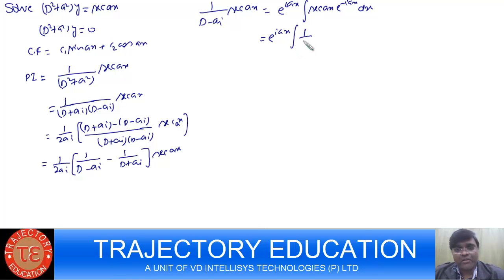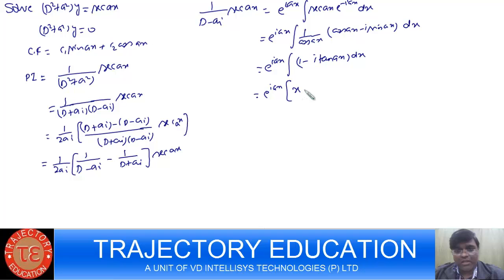So this comes out to be e^(iax) ∫ (1/cos ax)(cos ax − i sin ax) dx, so this is e^(iax) ∫ (1 − i tan ax) dx, or e^(iax) [x − (i/a) log sec ax].